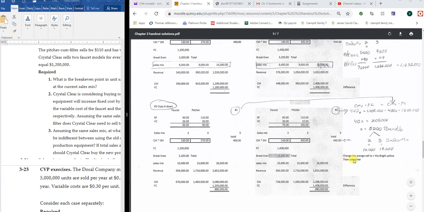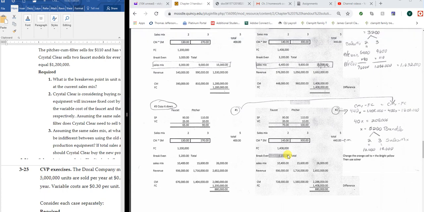It would be nice if you could see the cell color, but it says change the orange cell to plus the bright yellow, then you use Solver. Basically on the Solver function, you can only change one cell. So if I had this formatting off of fixed cost divided by contribution margin, I need this to be the same one as that particular one.